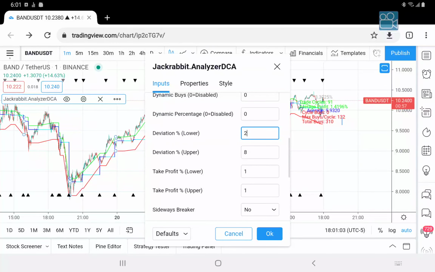And the number of purchases per cycle will increase this factor as it goes. So it will intelligently accumulate. Okay, I'm going to put this back to 2%. So when both of these are the same, this functions exactly like what you're used to.